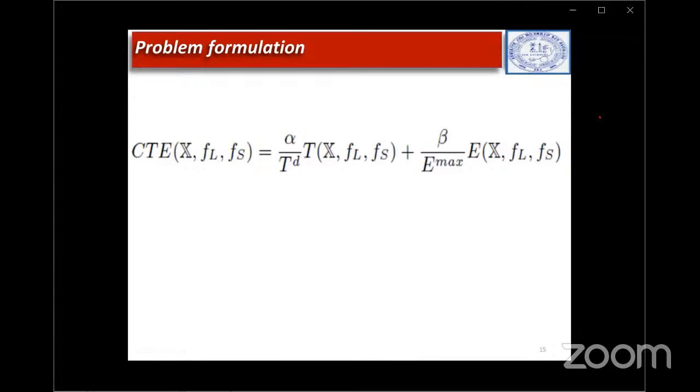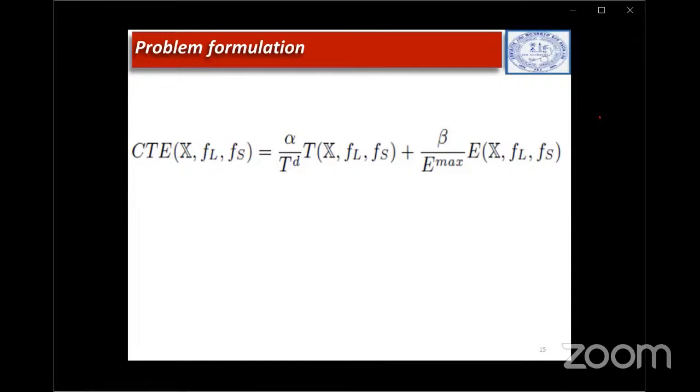Here we formulate our optimization problem, which aims to minimize the trade-off between overall energy consumption and overall processing time in the offloading process while maintaining the life of the battery.